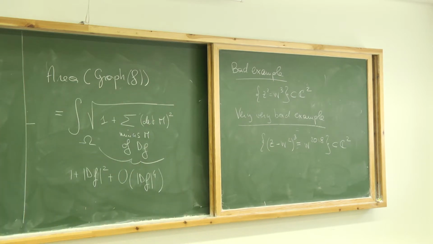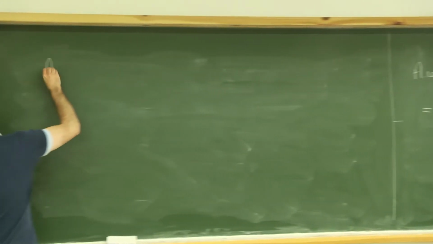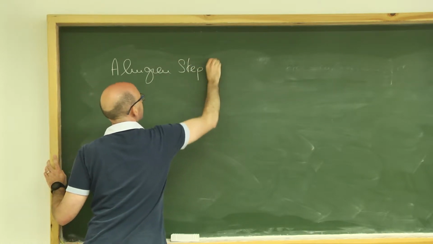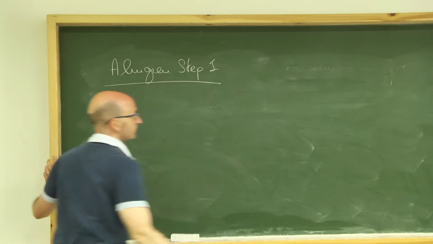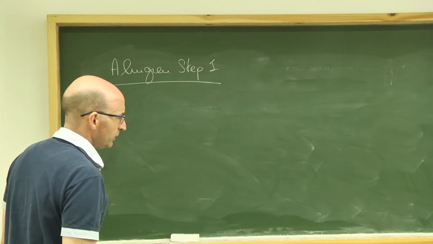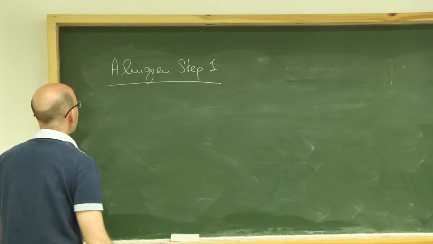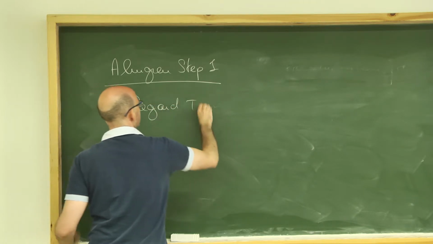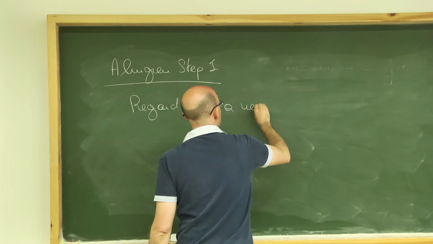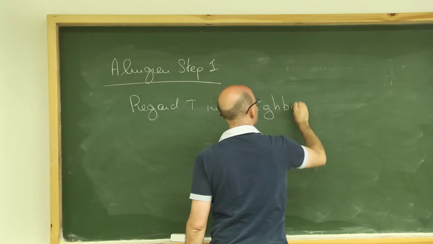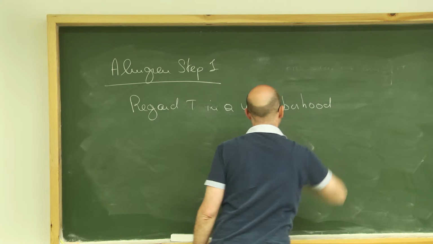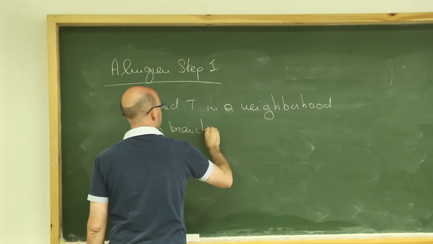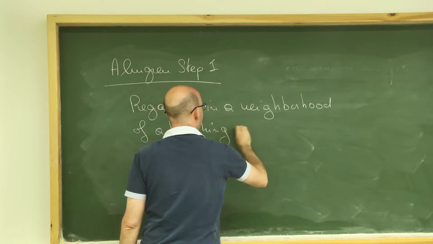So what Almgren did is, so we could call this step 1. So regard T in a neighborhood of a branching singularity as a multi-valued function.